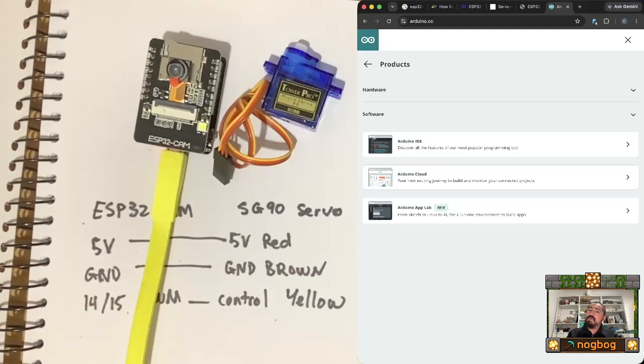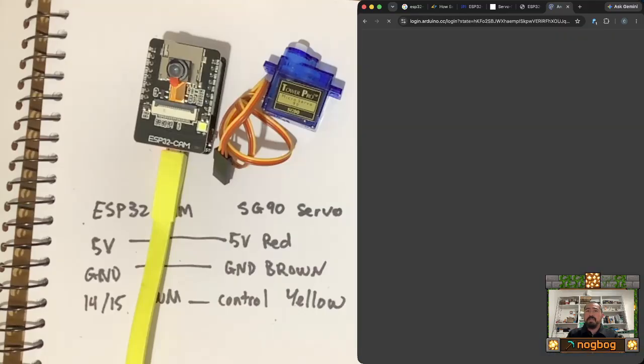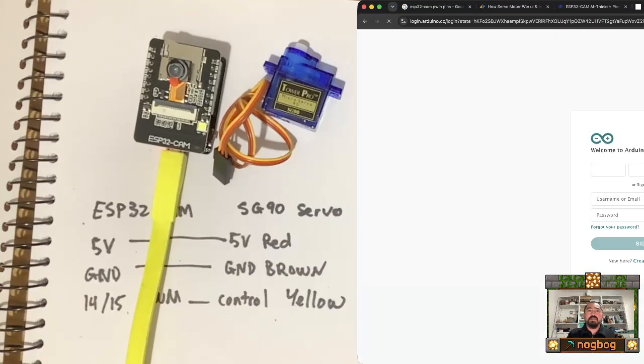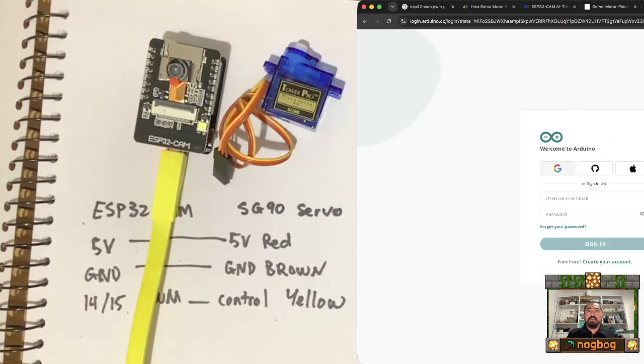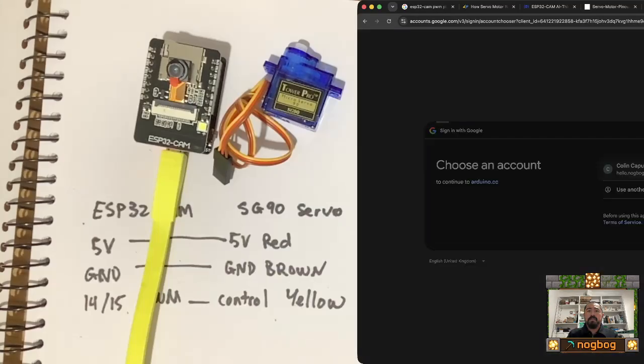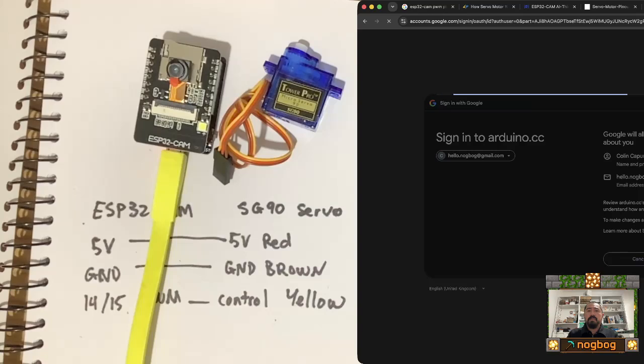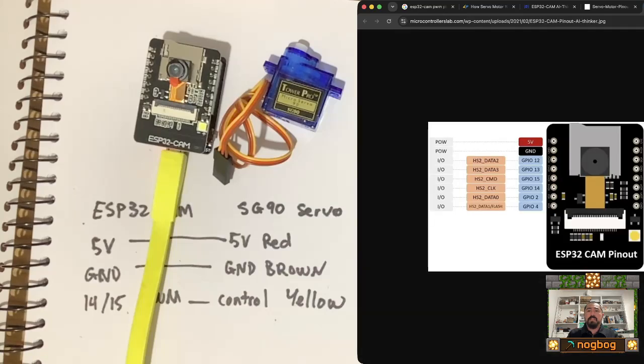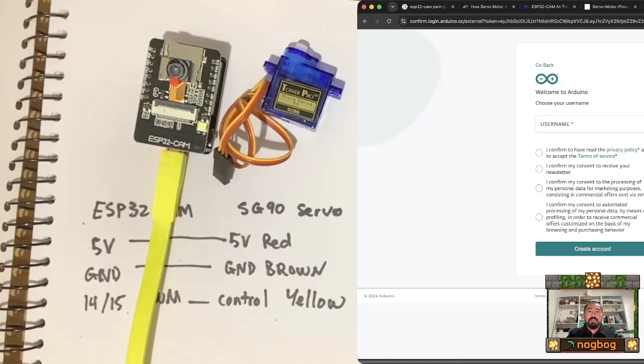You know what? I wonder if we can program it on the cloud. Using a cloud IDE. That'd be handy. Go for it. Log me in. We'll call myself Nogbog. Do I want a newsletter?